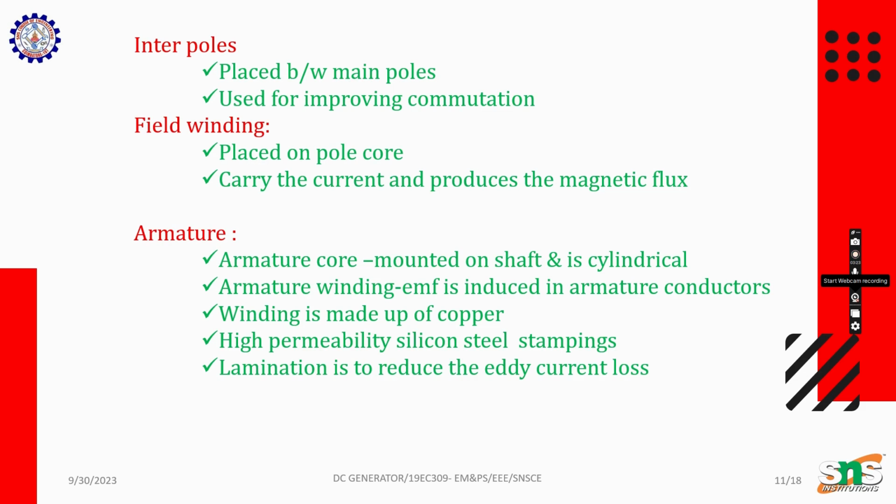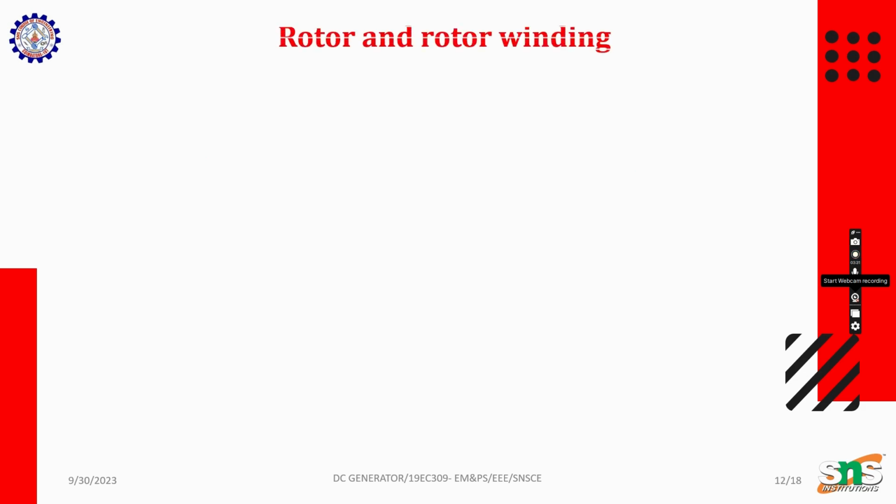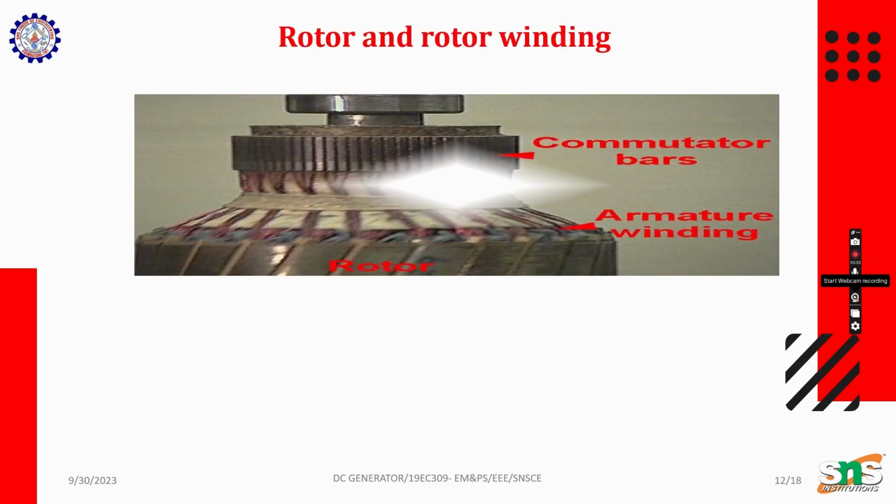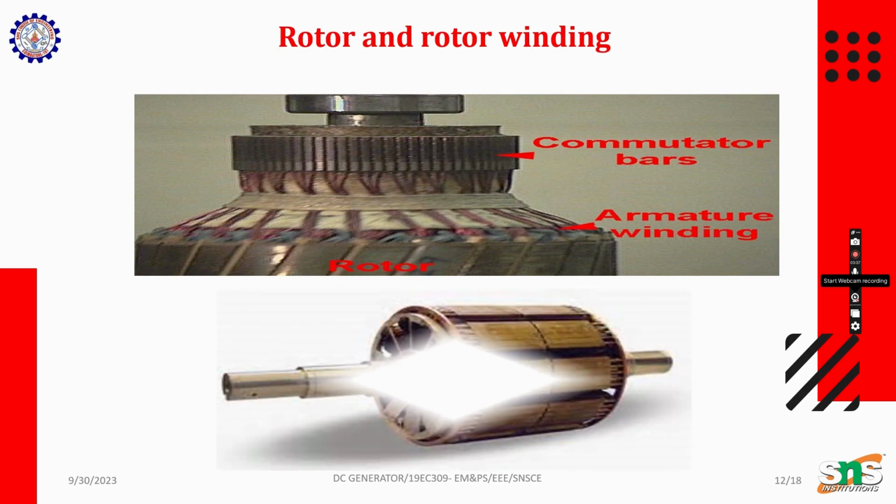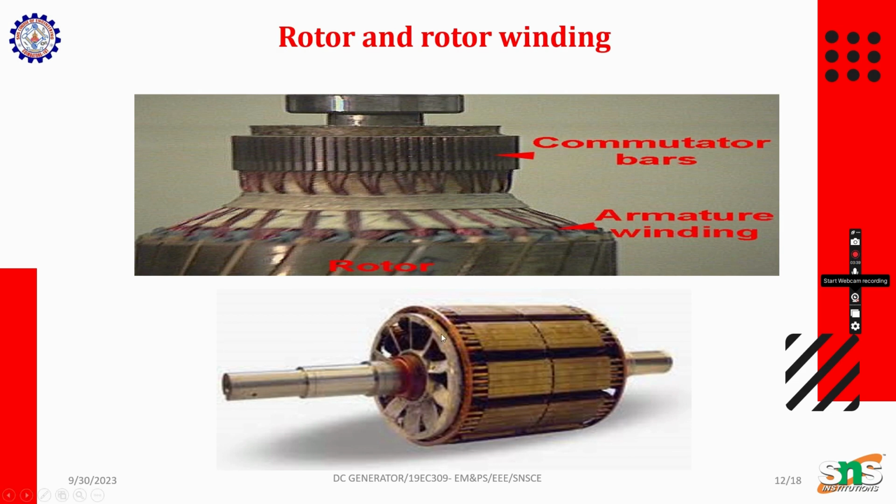These are the different components which you need in a DC generator: interpoles, field winding, armature. In the armature, we have windings which are placed in slots. So this part is called the armature. This is called a shaft, and this is called armature winding, which is placed in the slot.